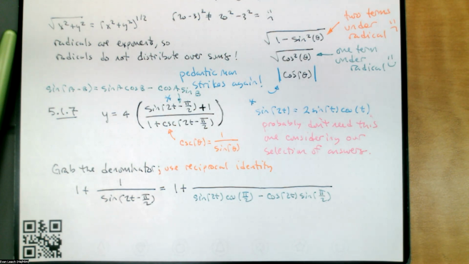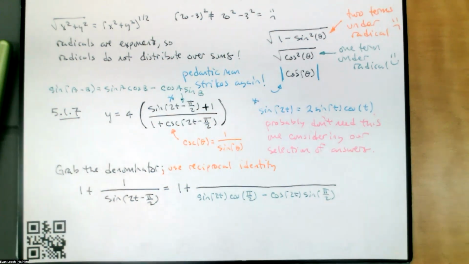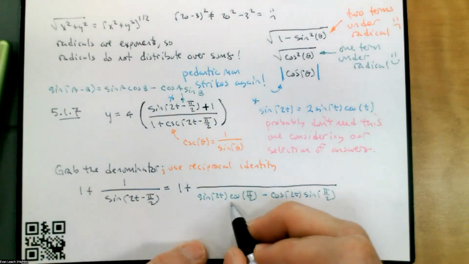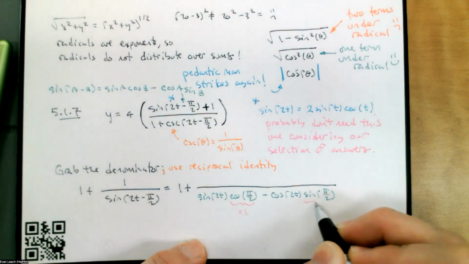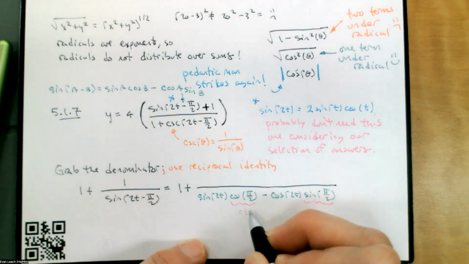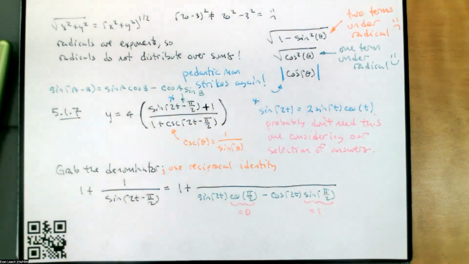In particular, cosine of pi over 2 is 0, and sine of pi over 2 is equal to 1. Pi over 2 is 90 degrees.